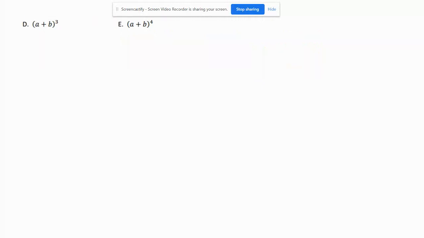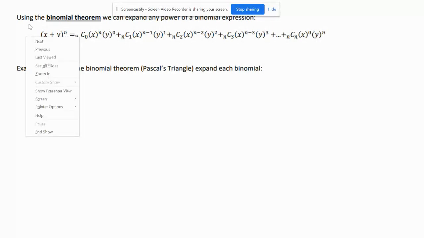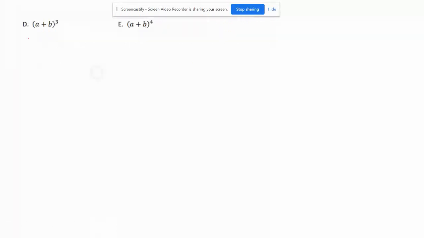All right, well, a plus b cubed is the same thing as a plus b times a plus b squared. We already know what this answer is. We figured out in the last example it's a squared plus 2ab plus b squared. Now if I expand this out again, the a gets multiplied to every term here, so we get a cubed plus 2a squared b plus ab squared.